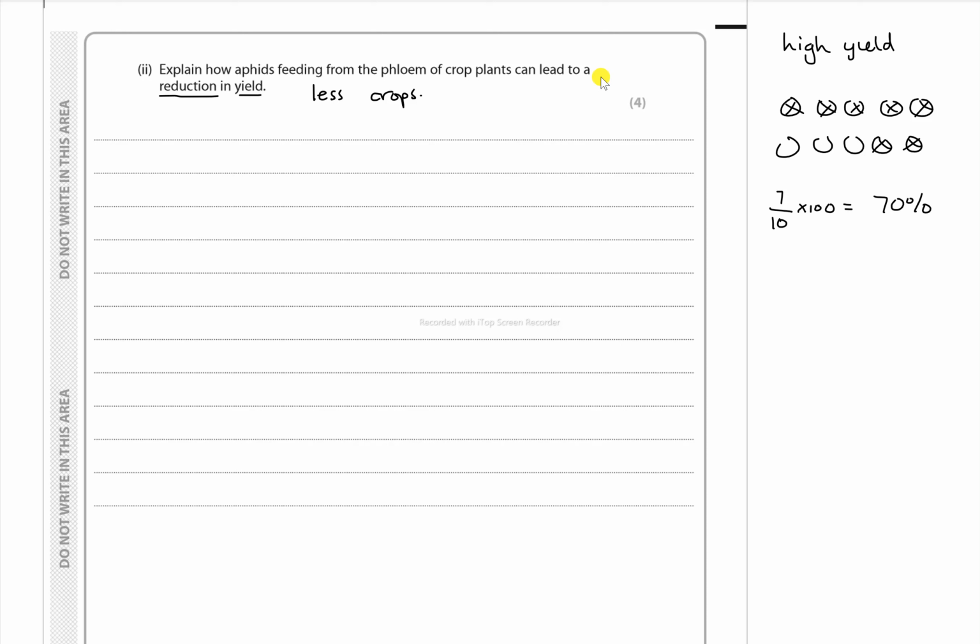Right. Explain how aphids feeding will become the problem. So first of all, you're going to get less. If they're feeding off the phloem, which is getting rid of sugar and amino acids, you're going to have less energy for respiration.